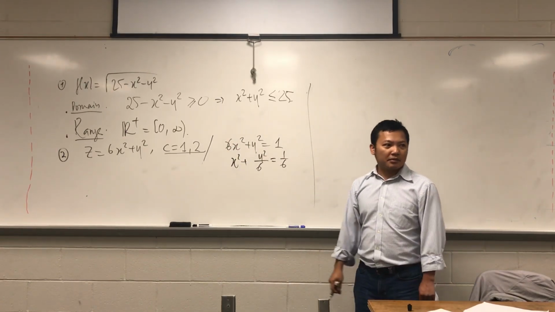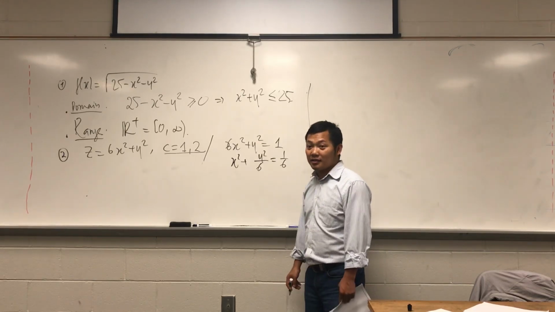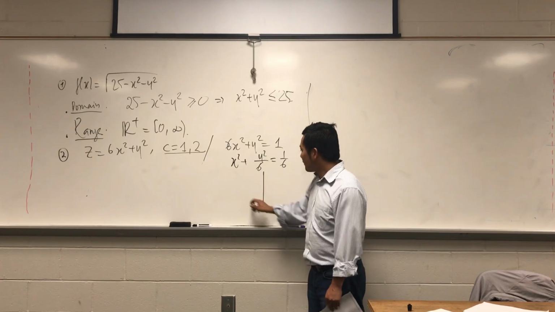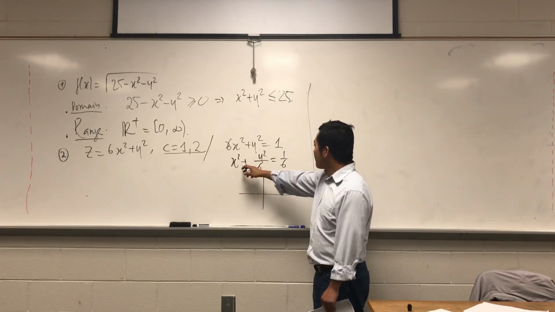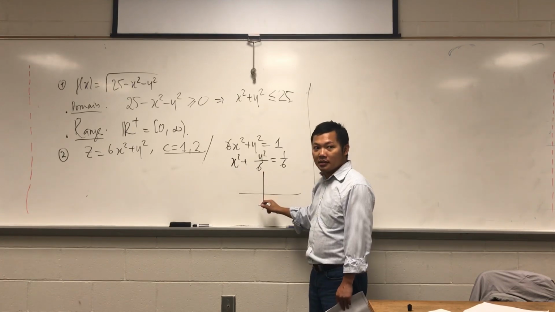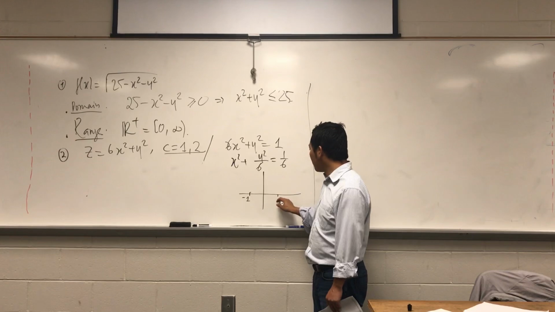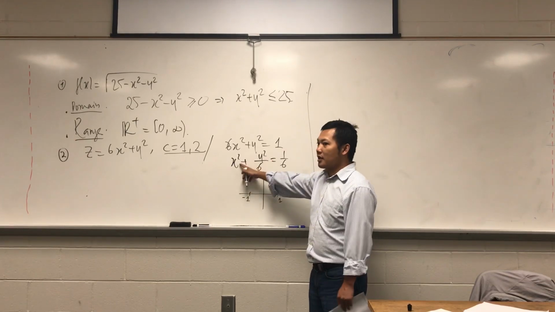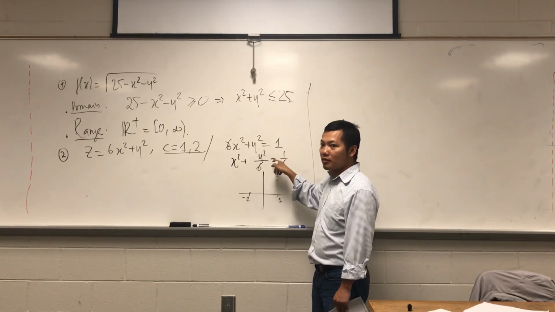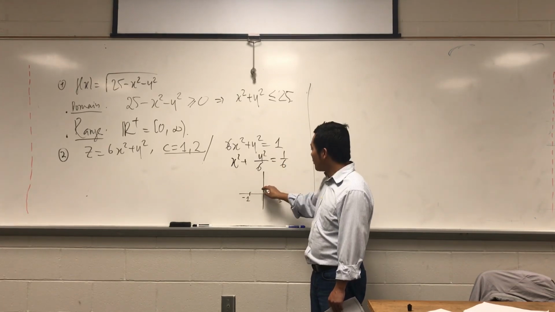You just pick some ellipse. You don't have to draw it exactly, right? But you can make some kind of this. When x equals 0, y equals plus or minus 1, right? So -1 and 1 here. When y equals 0, x equals plus or minus the square root of 1/6, right? The square root of 1/6 is less than 1, so it is around here.